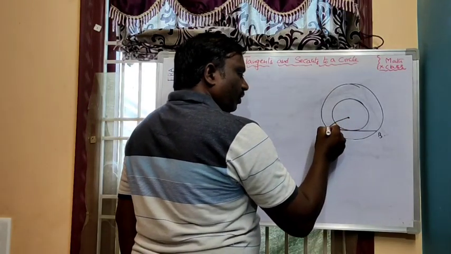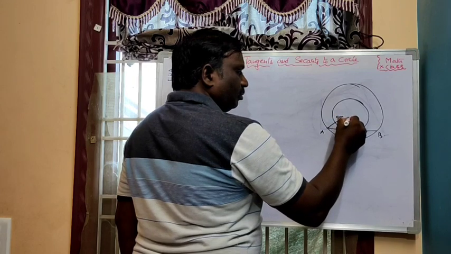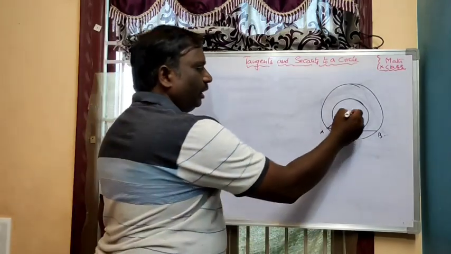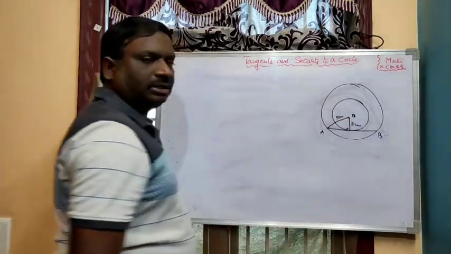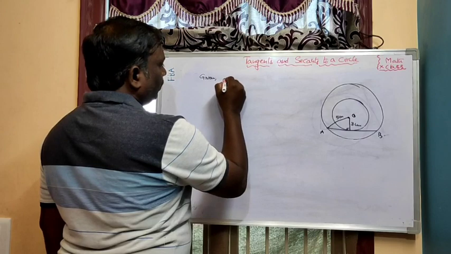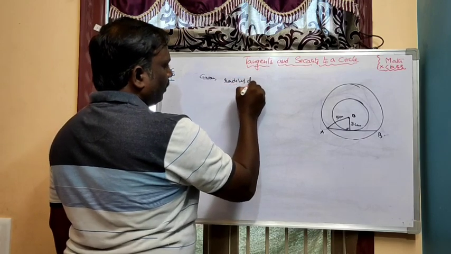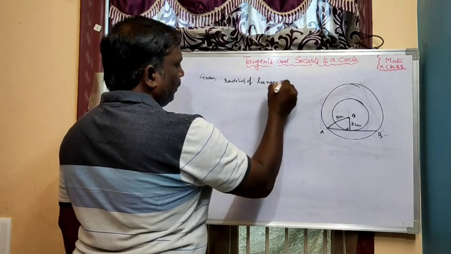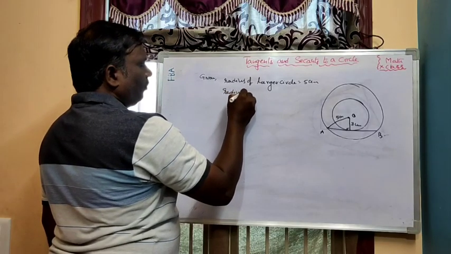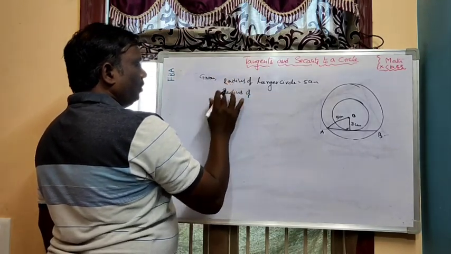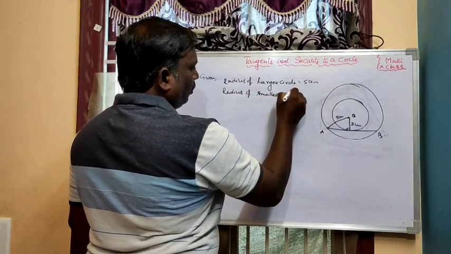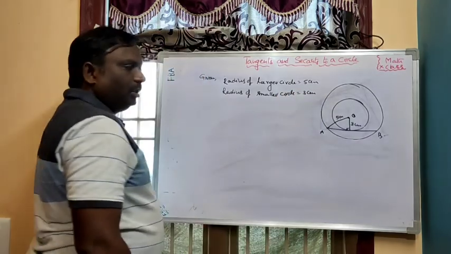The radius of the larger circle is 5 centimeters and of the smaller circle 3 centimeters. At the point of contact the angle is 90 degrees. Given: radius of larger circle equals 5 cm, radius of smaller circle equals 3 cm.